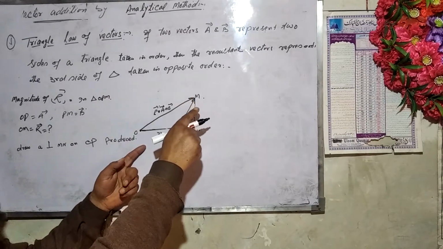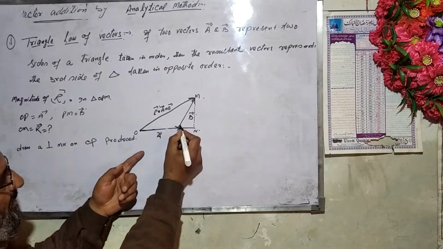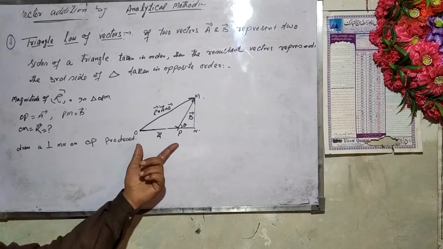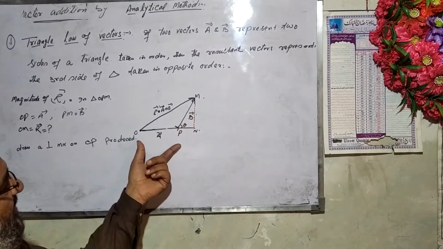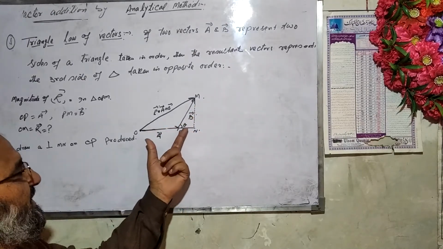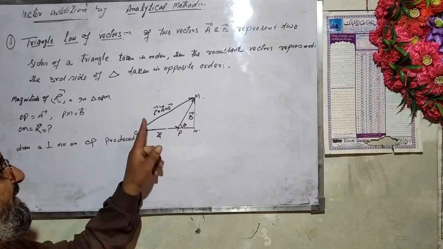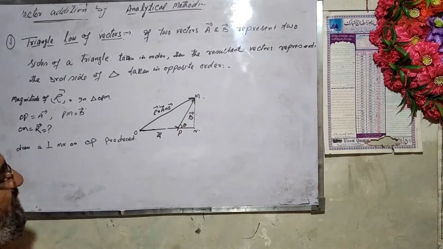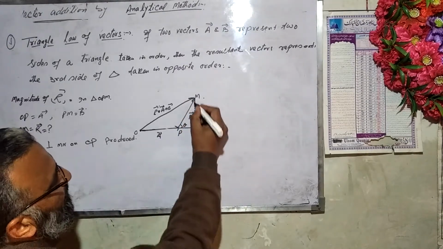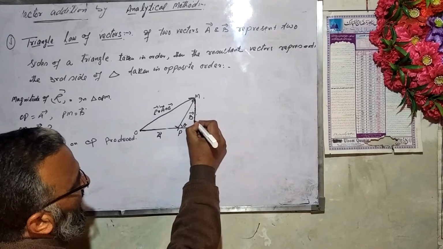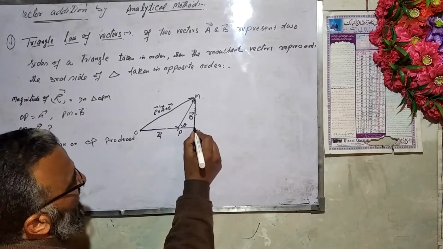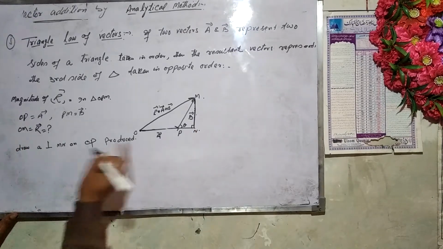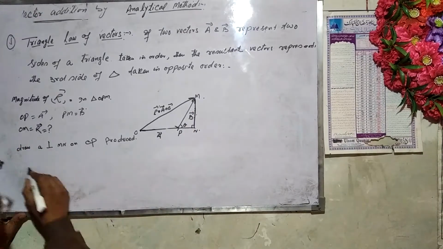OPM is a triangle in which vector OP and PM are given, their magnitude is equal to A and B. They are inclined at an angle theta. Now to find a resultant, that is OM, we have to make it a right angled triangle. To make it a right angled triangle, we draw a perpendicular from M on OP produced, that is MN. MN is a perpendicular.